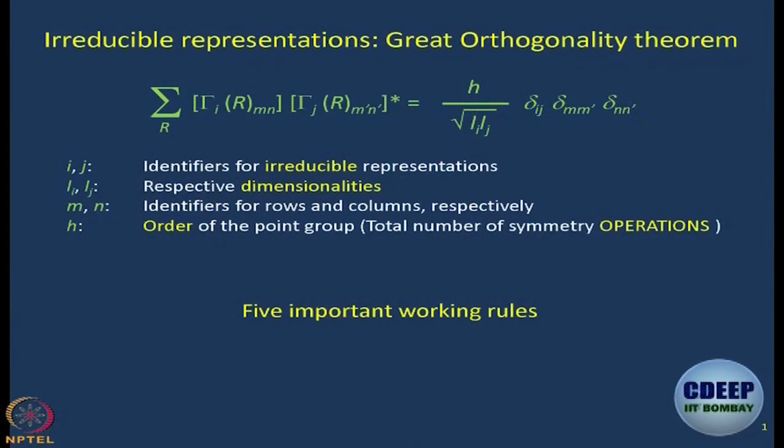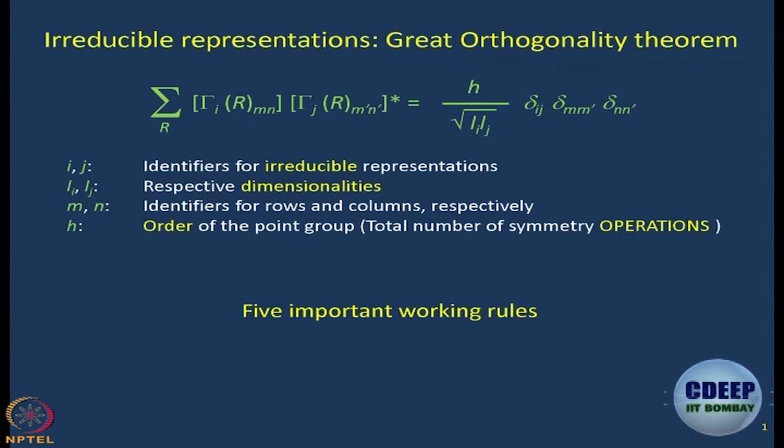Now, if you look at this great orthogonality theorem, of course, I should paraphrase it a little bit for you. What these gammas mean: this is capital gamma, this is not tau. Some people call it tau by mistake, it is not tau, it is capital gamma. Gamma I of R, Mn. What does this mean?